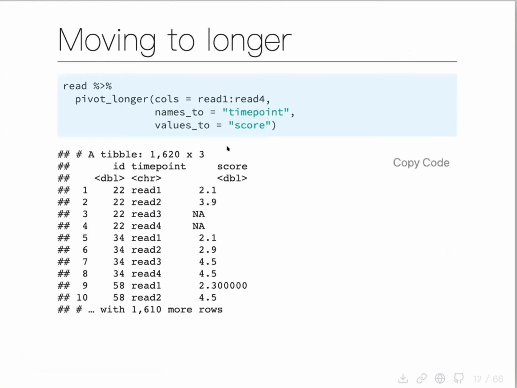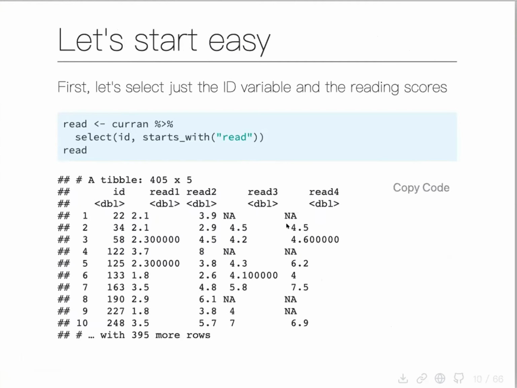So another way you can do this is with C. So you could say C, read 1, colon, read 4, comma, anti-1, colon, anti-4, or something like that. But you can also specify it in a bunch of other ways. As I mentioned, you can use, just like we did here, starts with read.